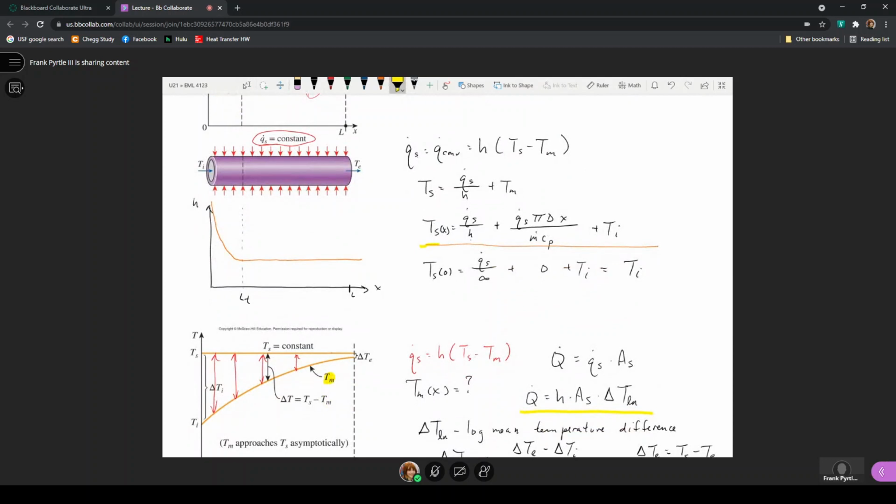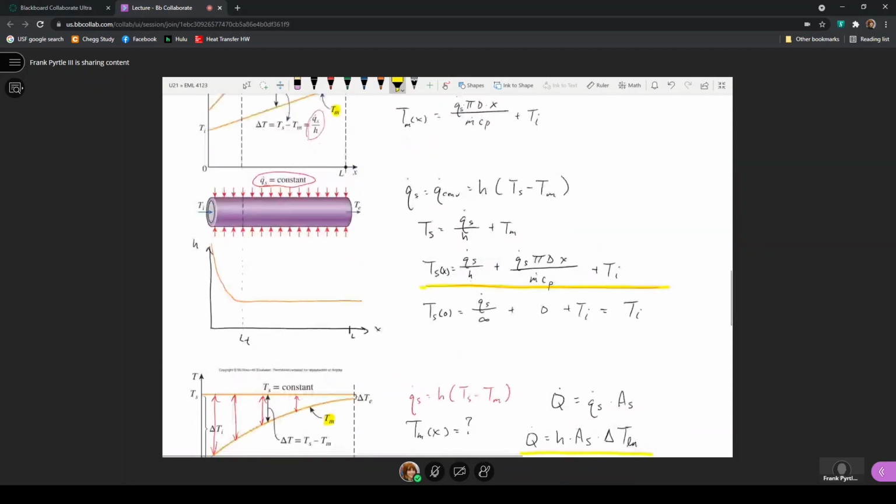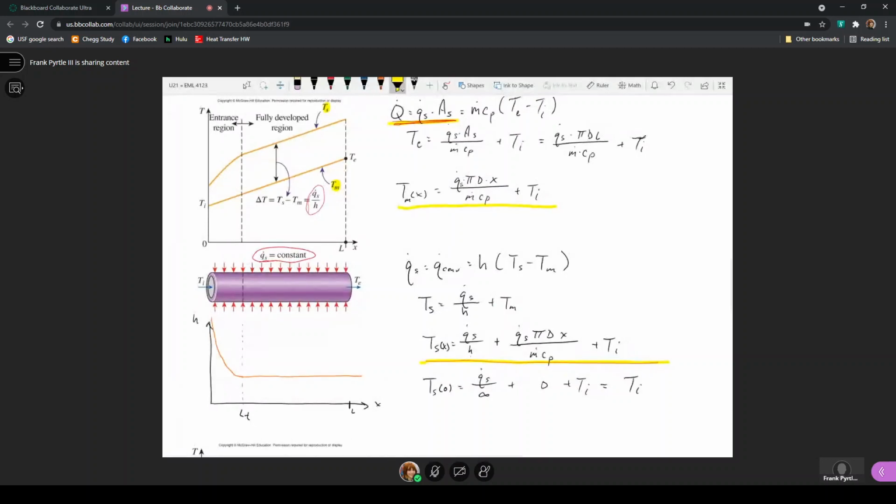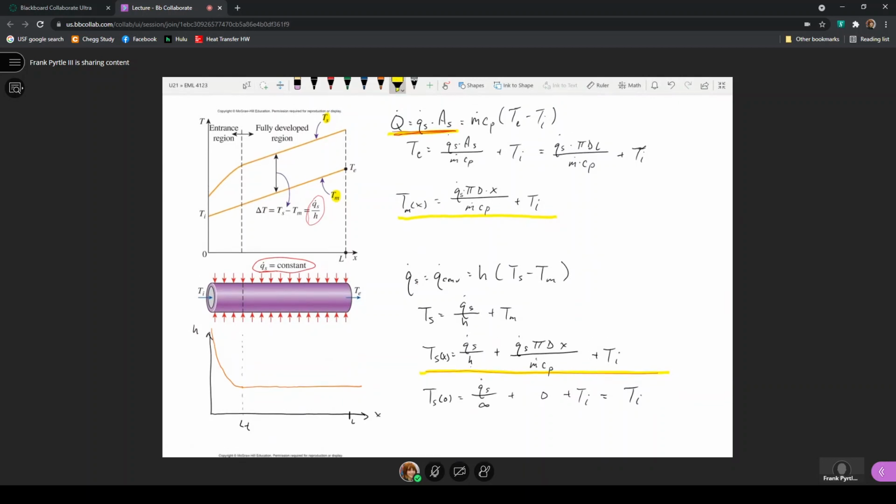Here, the surface temperature can be written as a function of X, and also the mean temperature of the fluid can be written as a function of X. So those three expressions, temperature variation of the surface of the pipe, temperature variation of the fluid in the pipe, and the heat transfer rate are all calculated by these expressions.